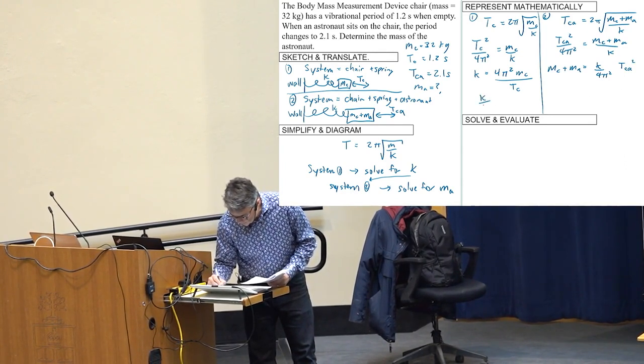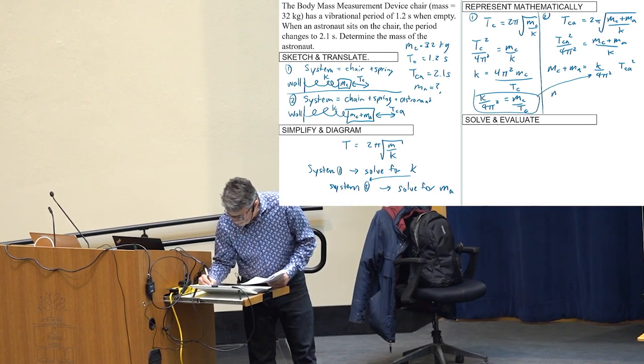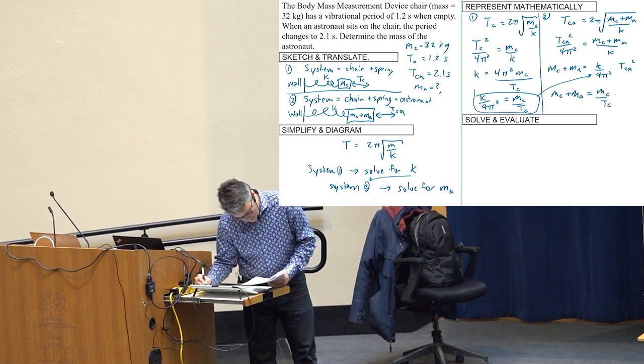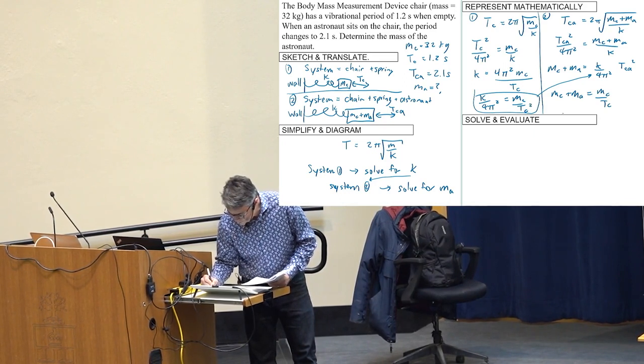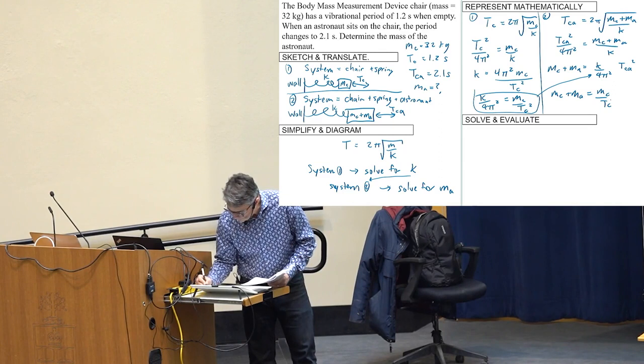And actually, k over 4 pi squared just equals mc over tc squared. So I'm going to plug that into here, and I get mc plus ma is equal to mc over tc squared times tca squared. Oops, there's a squared here, sorry. There's a squared there and a squared there. Tc squared over tca squared.